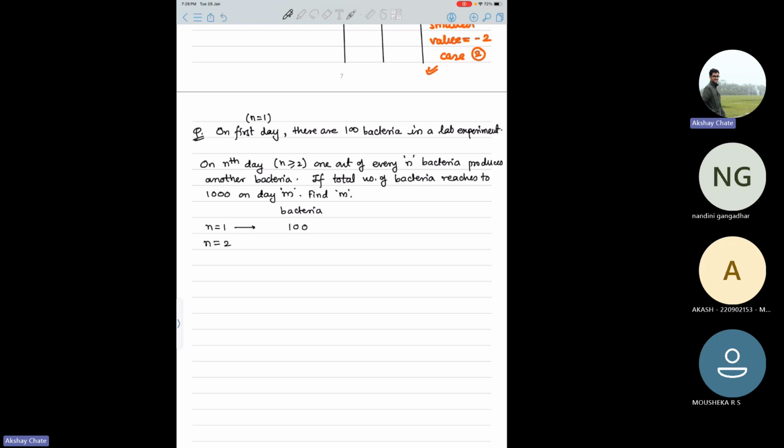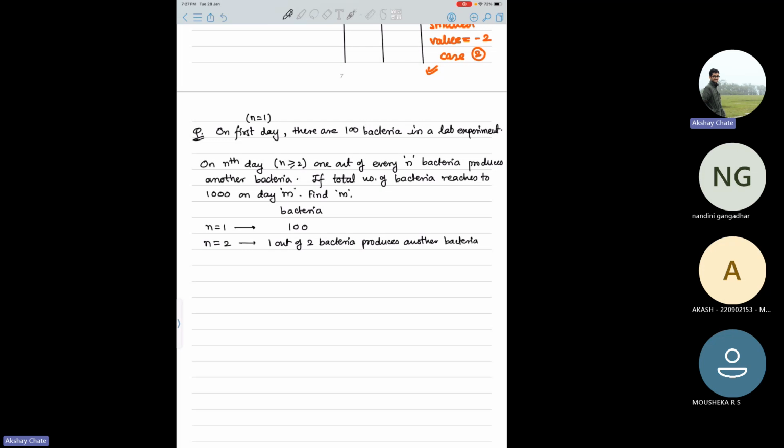Let's say you go to the next day, the second day, so n equal to 2. What they are saying is that 1 out of every n bacteria produces another bacteria. Here n is 2, so 1 out of 2 bacteria produces another bacteria.